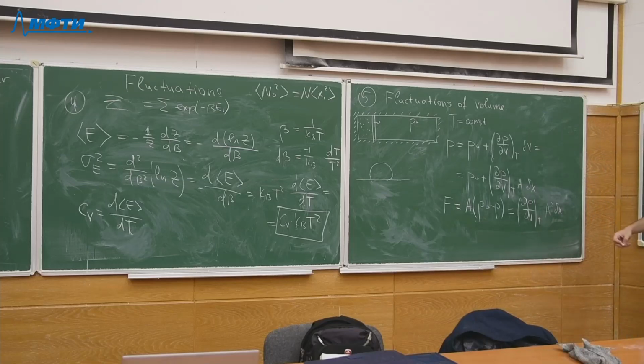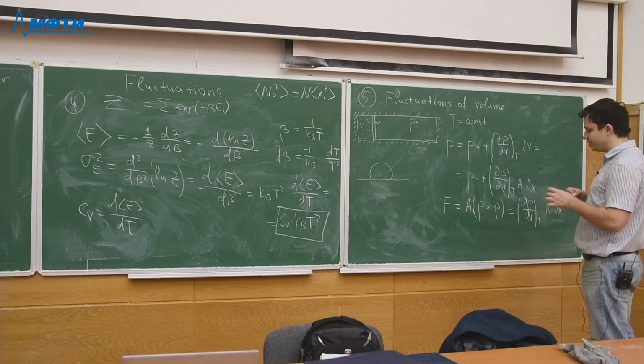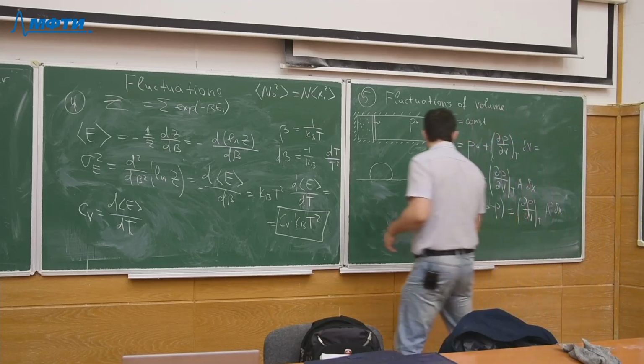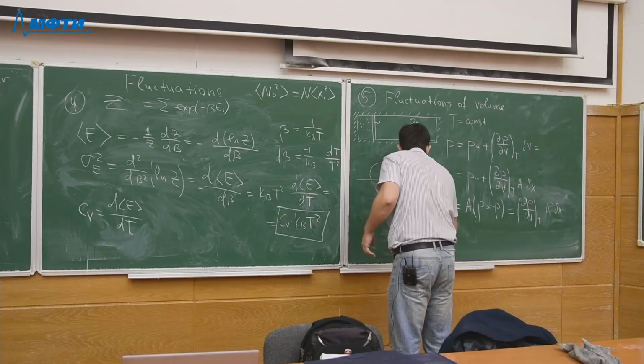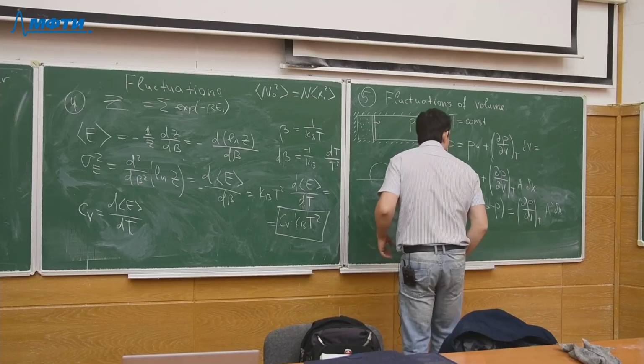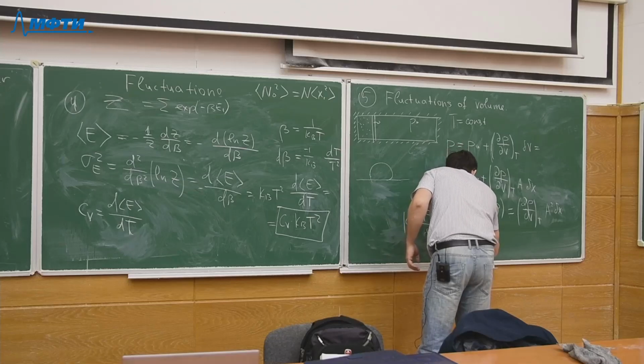As you see, the whole system behaves as if the piston is a weight attached to a spring with some spring constant K, which is determined as F over delta x, and is equal to A squared times dP over dV at constant temperature.